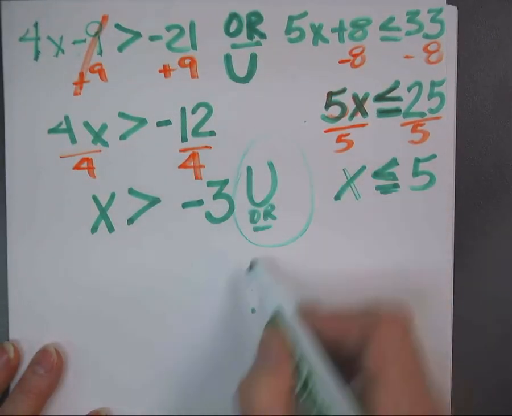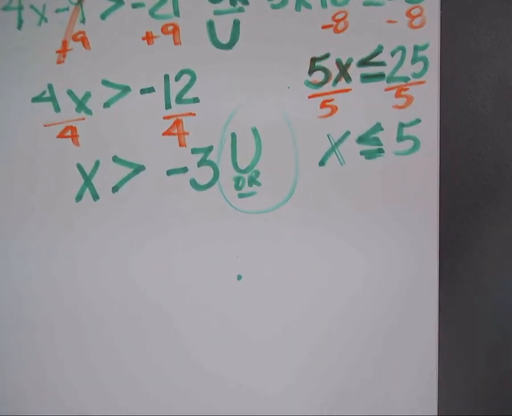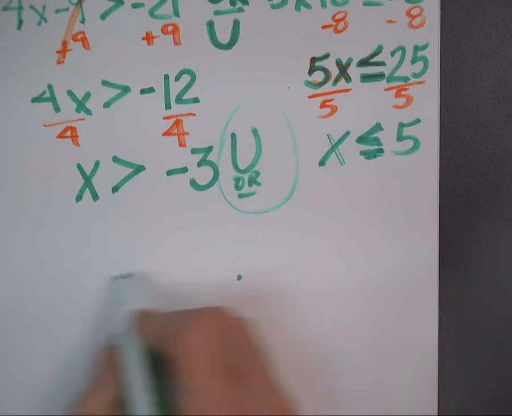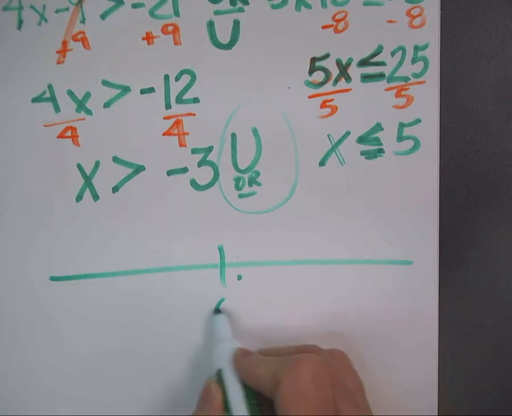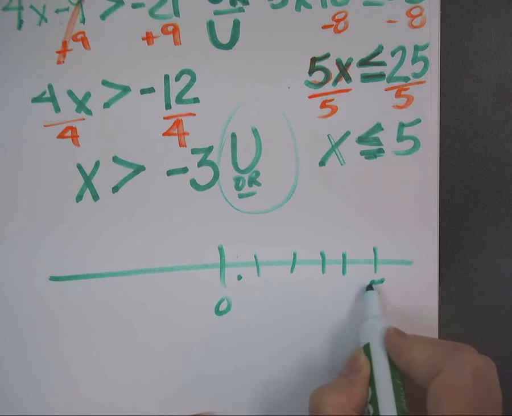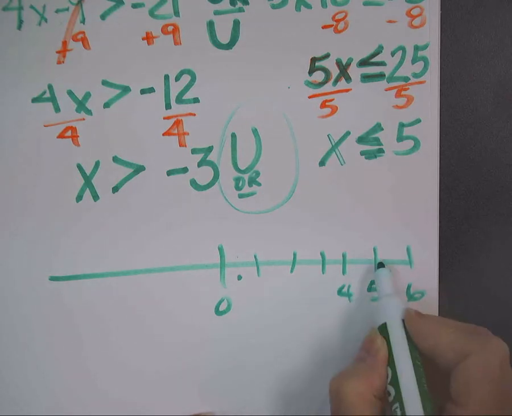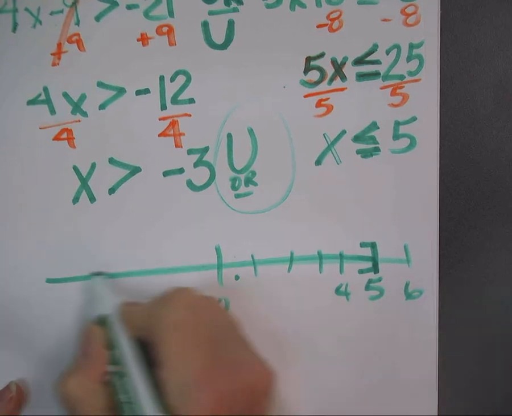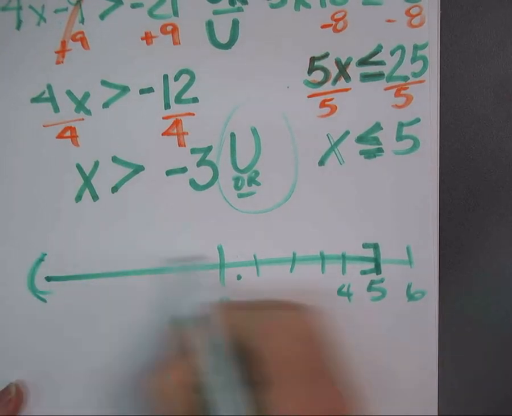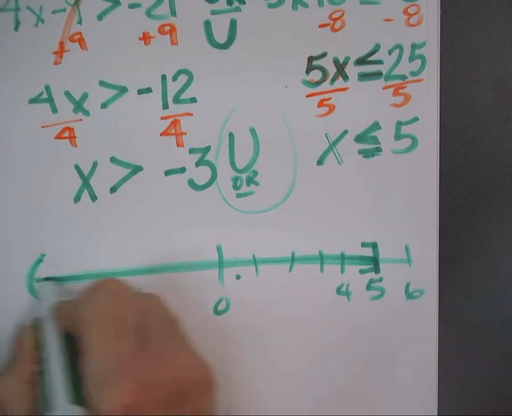Remember, it's going to include everything. So from the 5, 1, 2, 3, 4, 5, we're going to go back this way forever, so it's definitely going to include that.